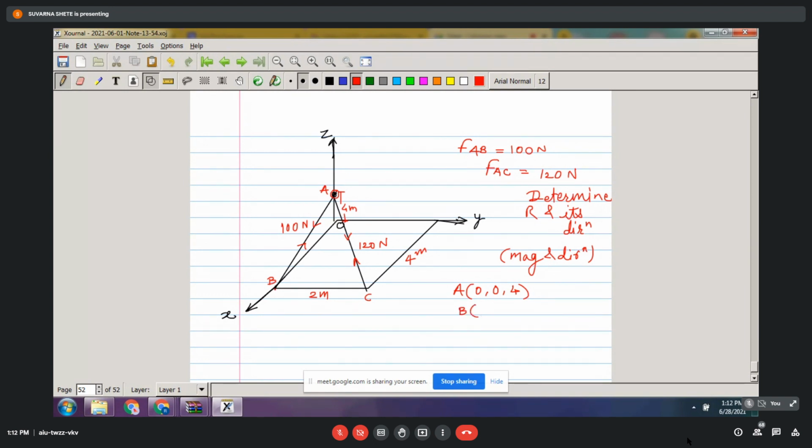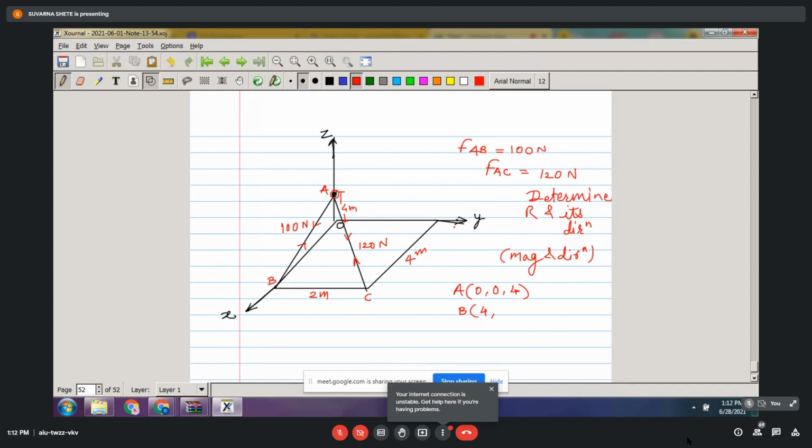B is on the X axis. 4, 0, so its Y component will be 0. X will be 4 because along the X direction it is having 4 meters.